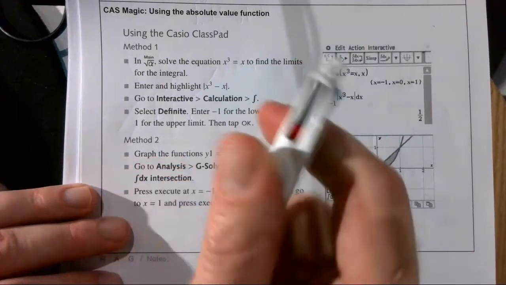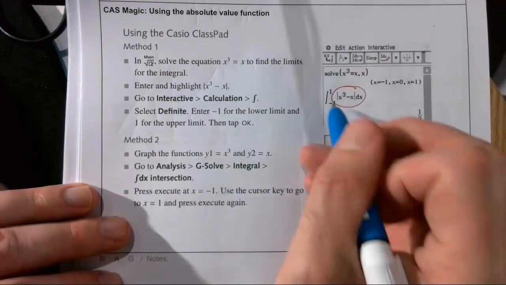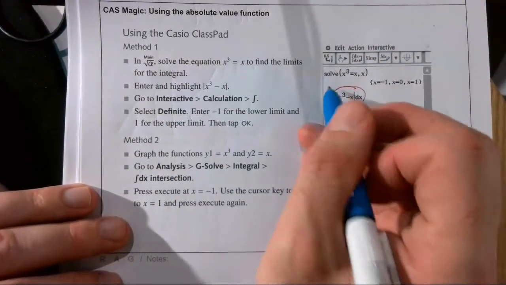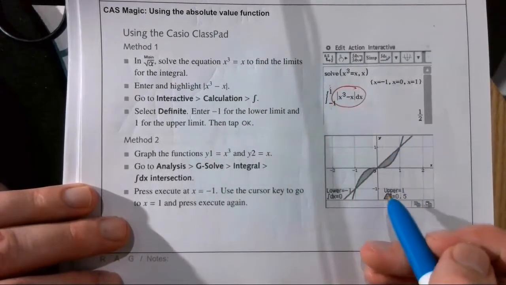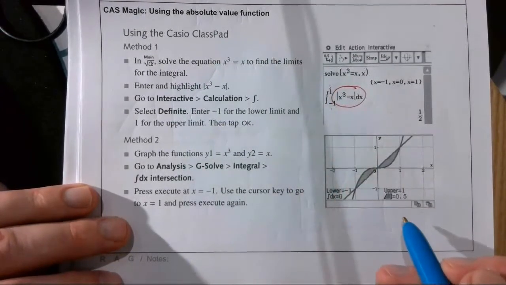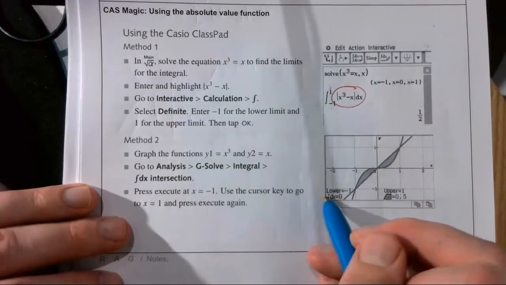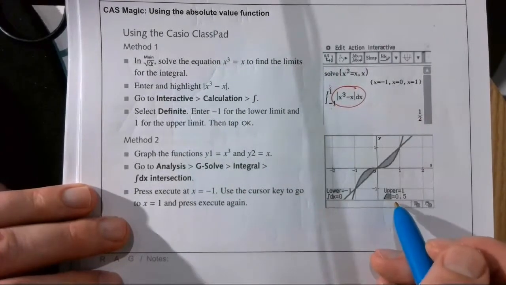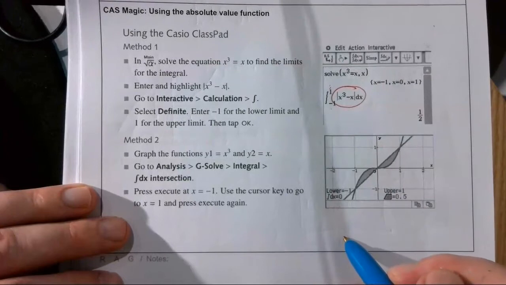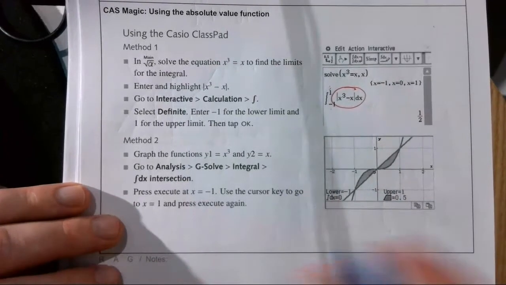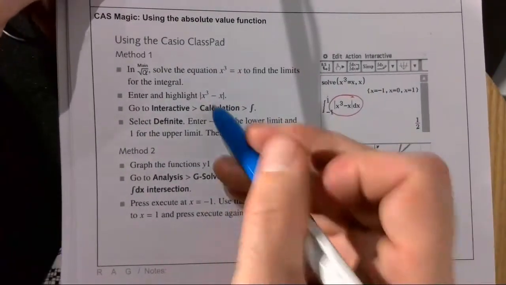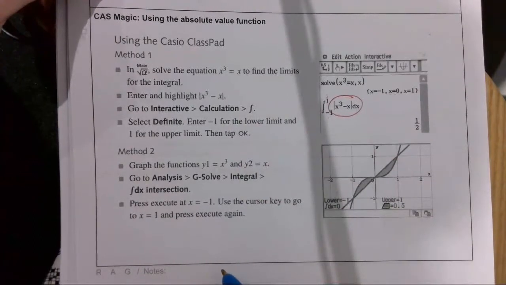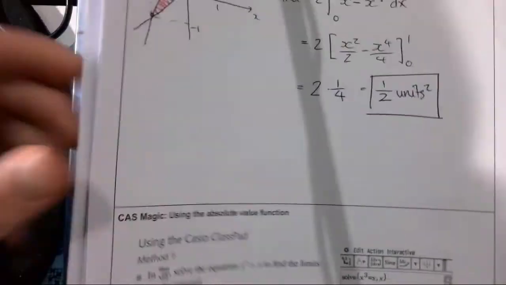And then here we can see the absolute value function inside the definite integral is going to give us the correct answer if I integrate over the whole range. And you can see here it tells us that it's 0.5. So there are two different methods here, and you can work through either of them when you're answering the questions.